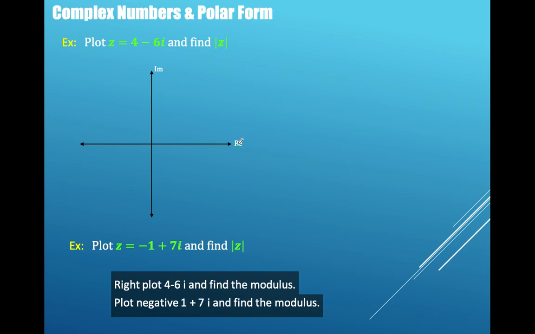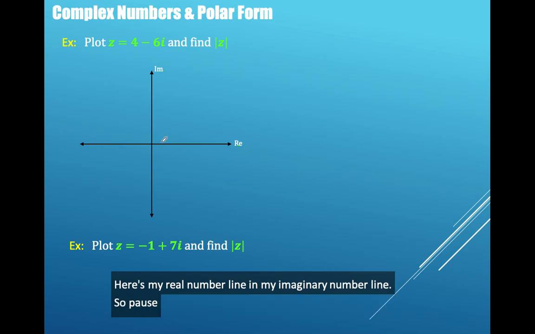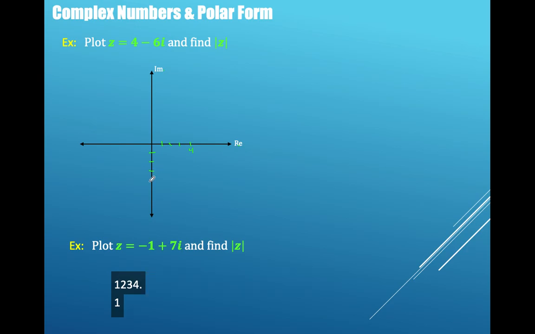Okay, here's my real number line and my imaginary number line. So pause the video or just go along with me. 1, 2, 3, 4. 1, 2, 3, 4, 5, 6.